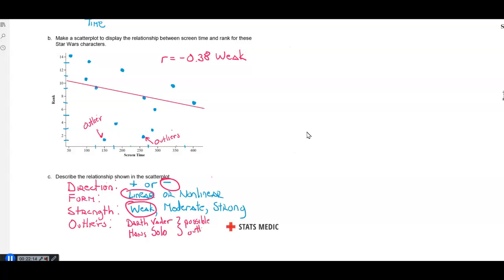But since the relationship is so weak, it's hard to say that those are outliers. That's why I just wrote possible. So our conclusion on this would be screen time is a weak predictor.